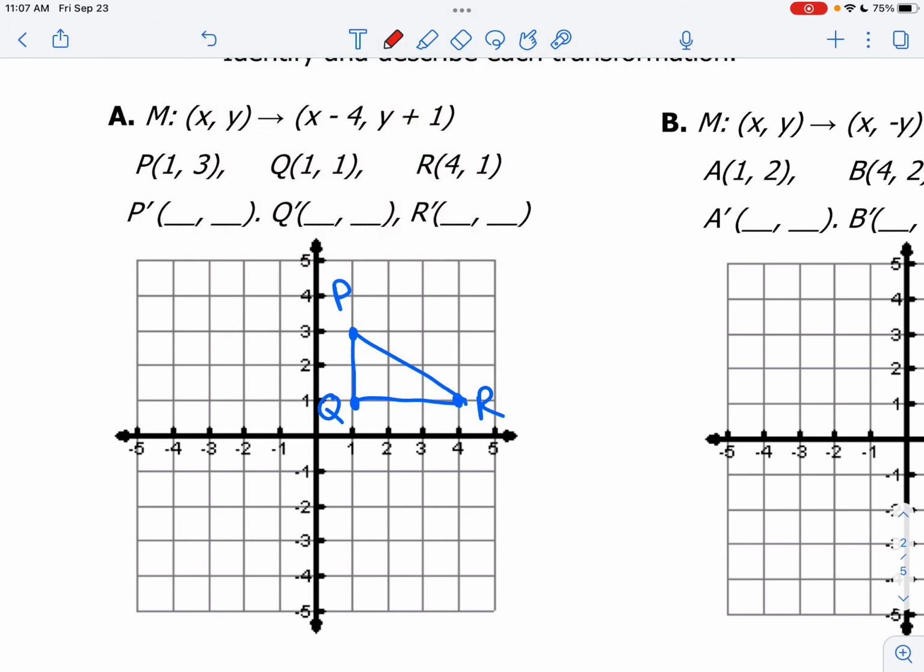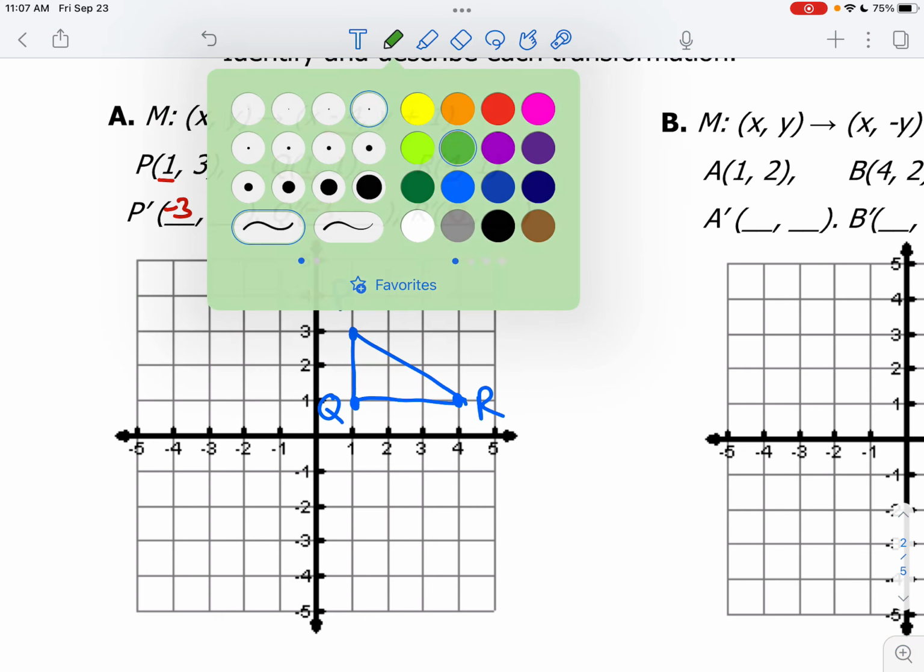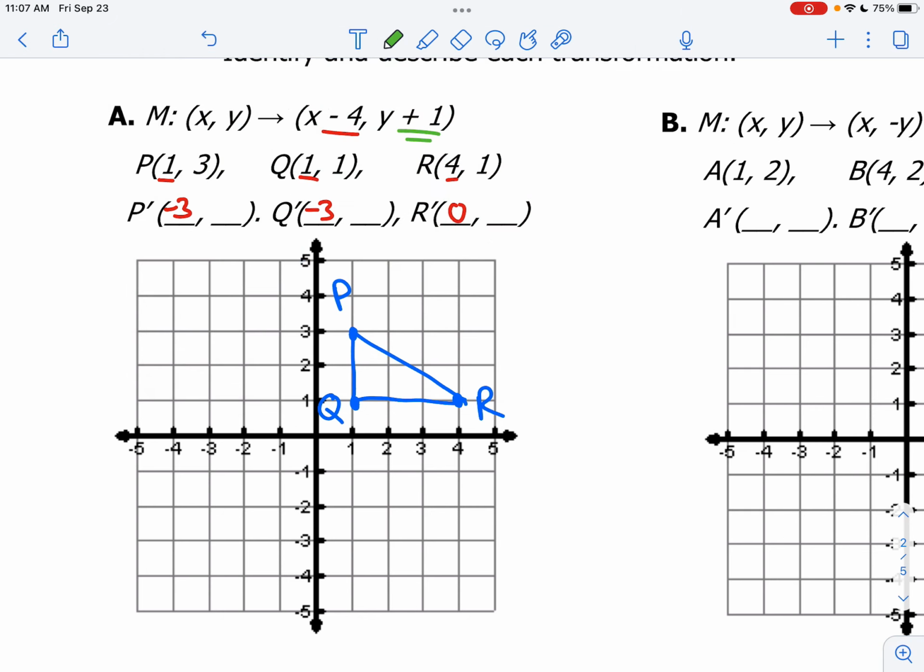Alright, so now x minus 4, we're going to subtract 4 from each x value. So 1 minus 4, 1 minus 4, 4 minus 4. Excellent. And now we're going to add 1 to all the y values. 3 plus 1, 1 plus 1, and 1 plus 1. Didn't know you were going to do so much math today, did you?